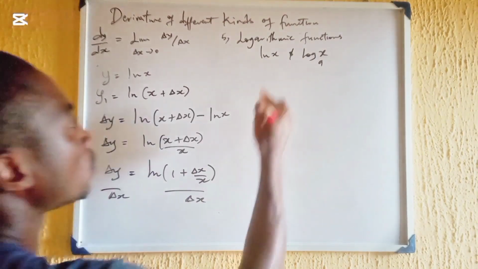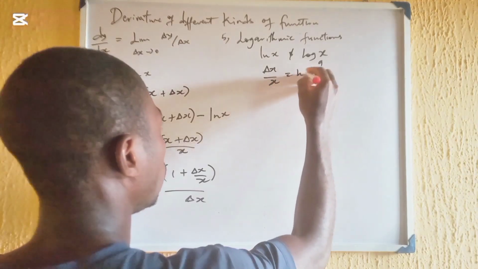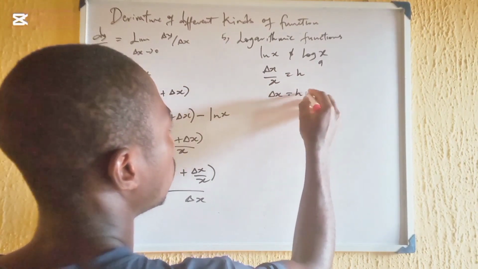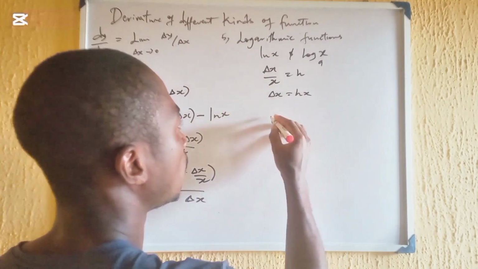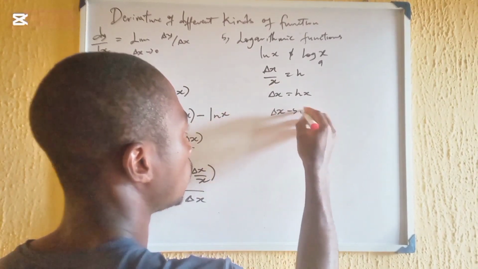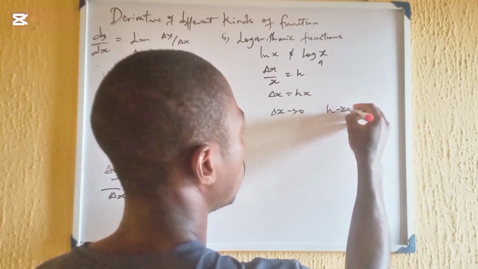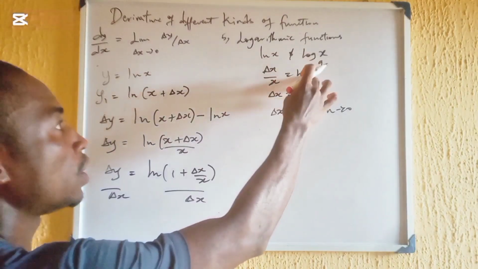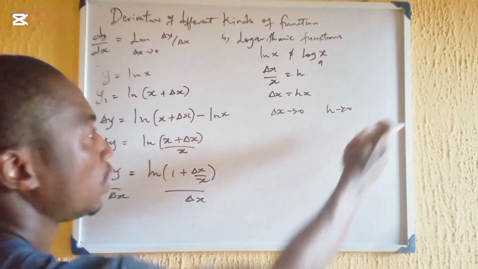So let's assume that change in x over x is equal to h. It means that change in x is equal to hx. Now, looking at this equation, it also means that if change in x tends to 0, h will also be tending towards 0. That's, if we have 0 here, definitely h will be 0. As change in x tends to 0, h tends to 0.